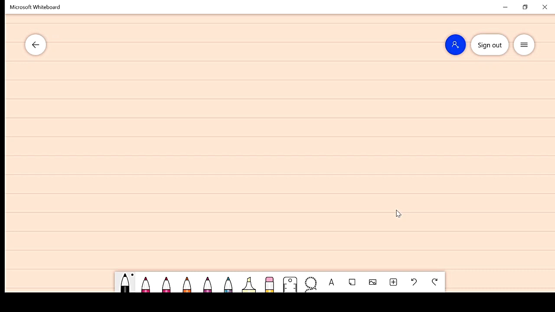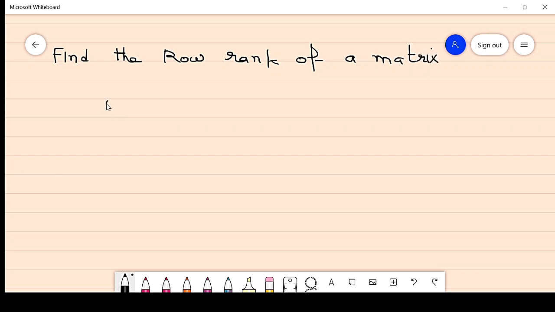Now for the next question, which is again very important: find the row rank of a matrix, and this matrix is of this kind.